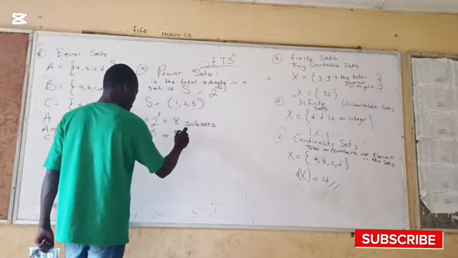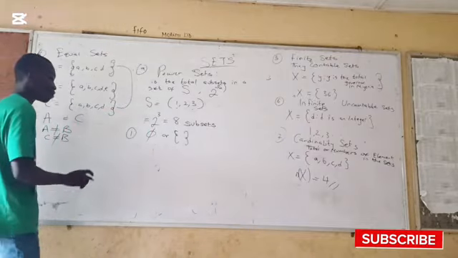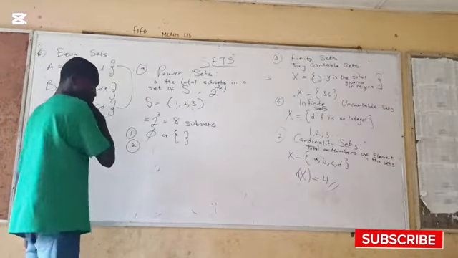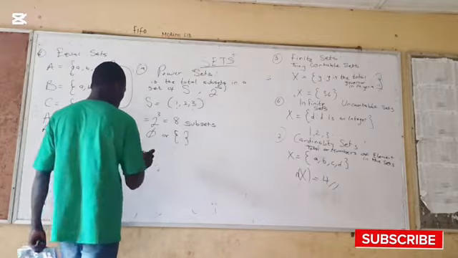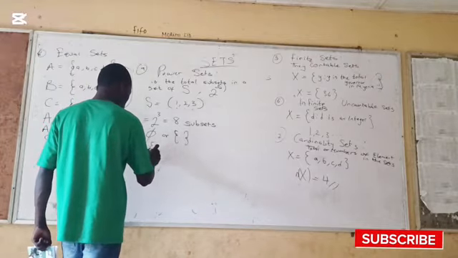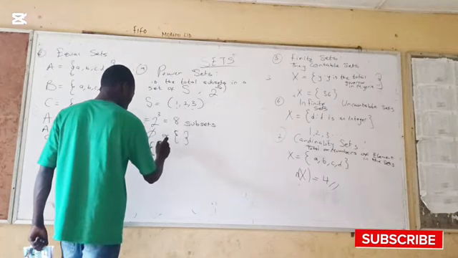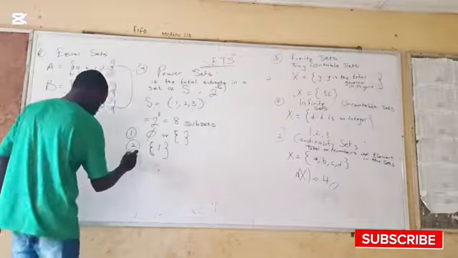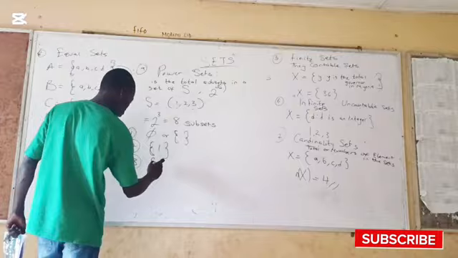Just open the curly bracket. That's the first. The second one will be, you are going to write each element out one by one, saying the second subset will be 1. The third one will be the other element we have, 2.